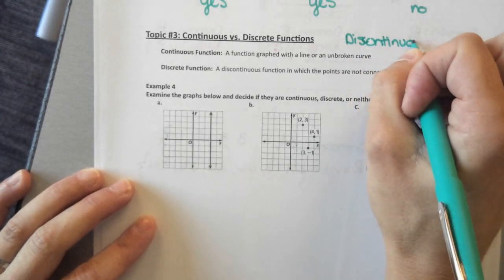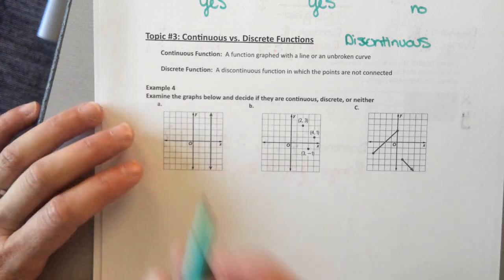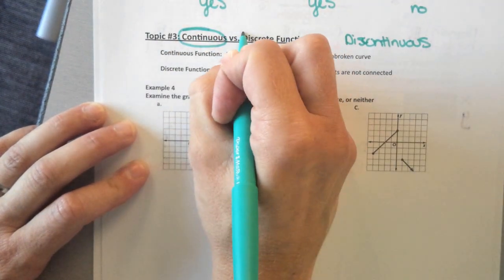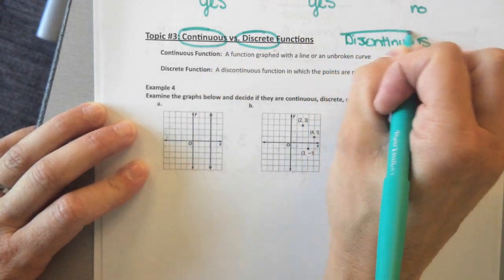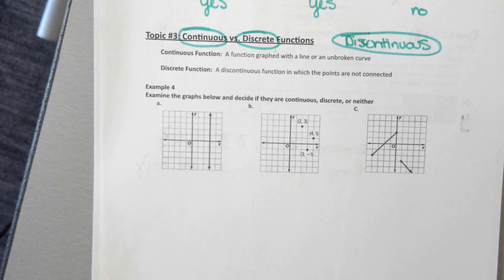Discontinuous, D-I-S-C-O-N-T-I-N-U-O-U-S. So you can either be continuous, discrete, or discontinuous.